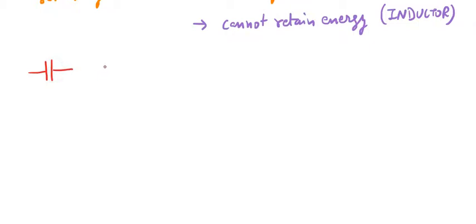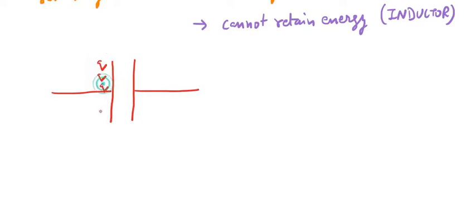When it is charged, then there is an excess of charge on one plate and deficiency of charge on the other.